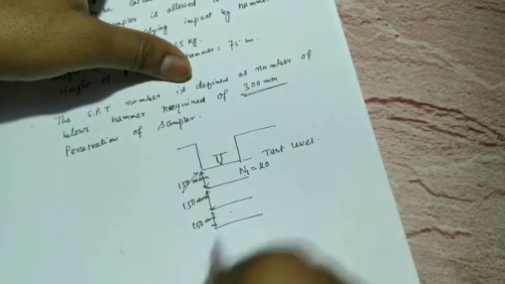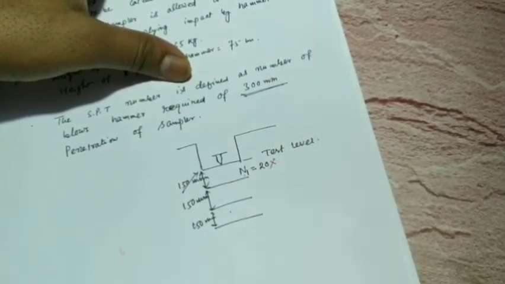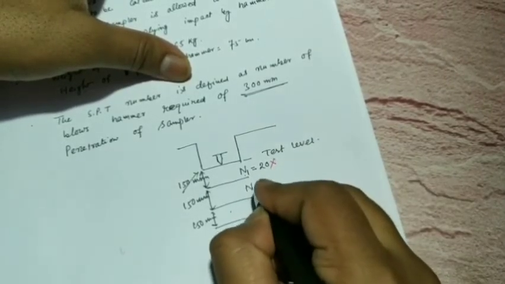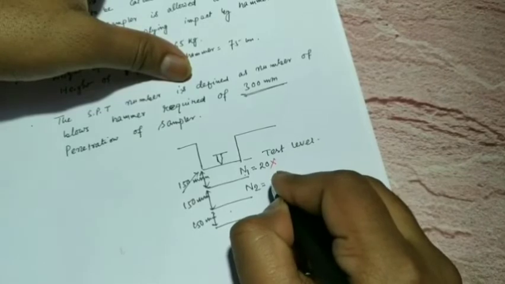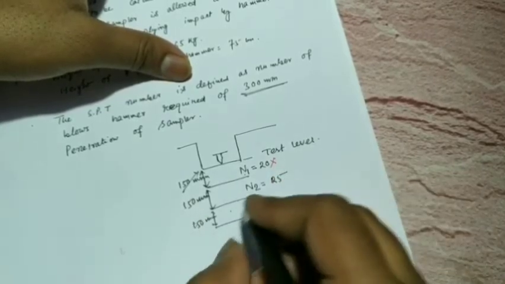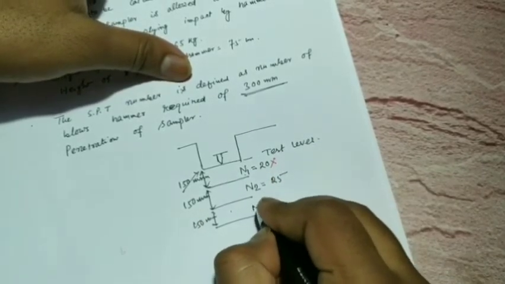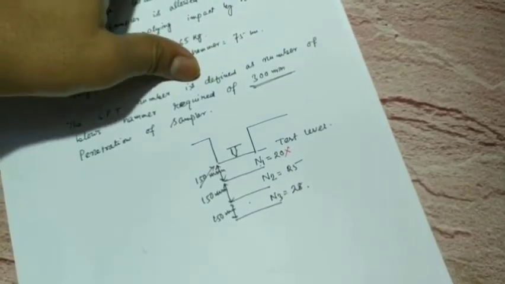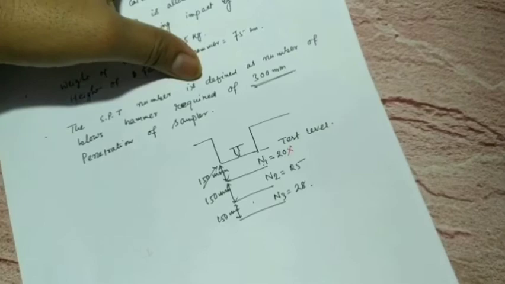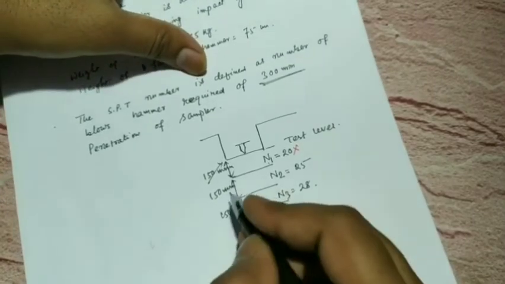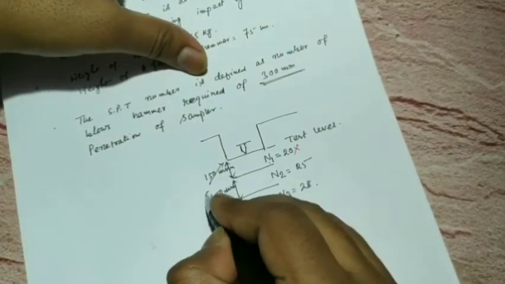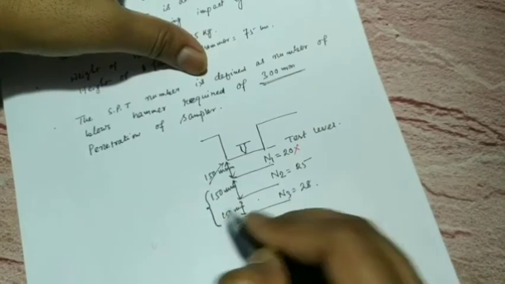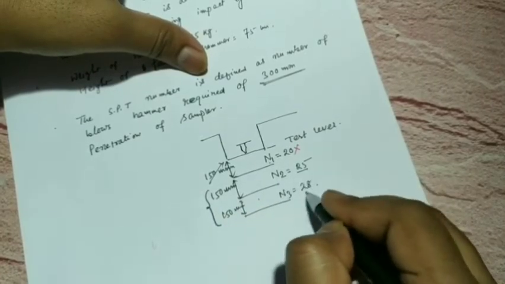This 20 value will not be counted. So second, suppose 25 penetration, N3 suppose 28. Then what will be the observed SPT number? For that 300 mm penetration, the number of blows will be 25 plus 28.